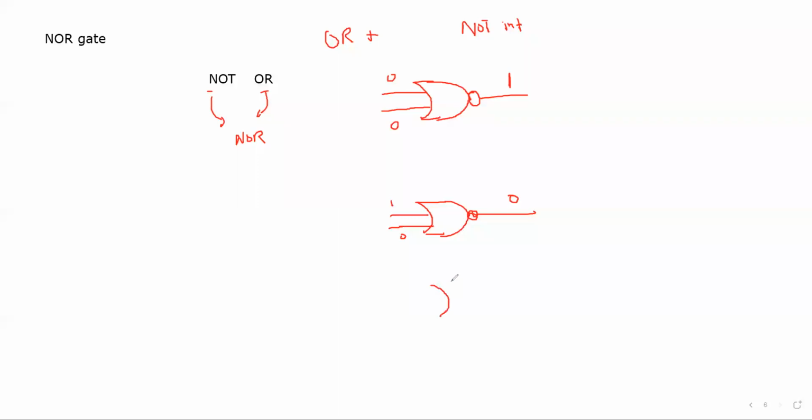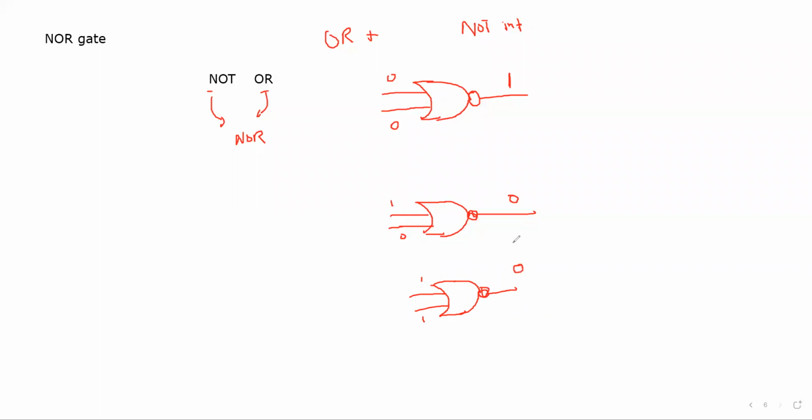Same thing, 1 and 1. What is the output of OR gate? The output of OR gate is 1, but that passes through inverter, so it will make it 0. Is it clear?